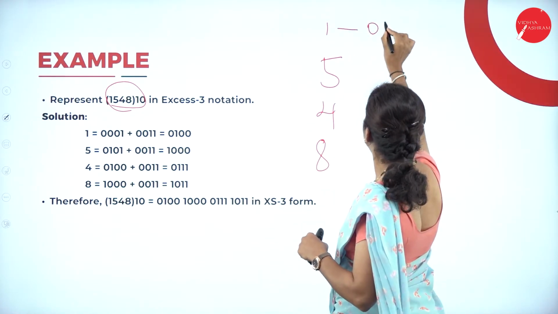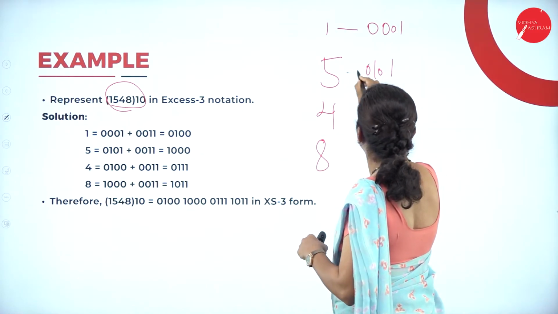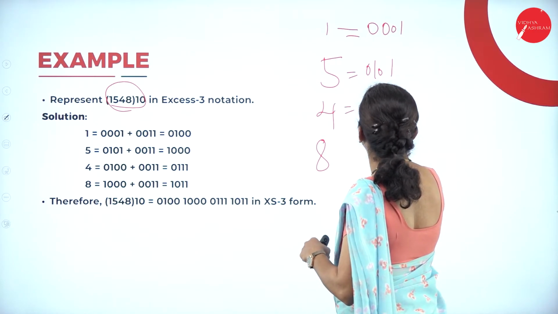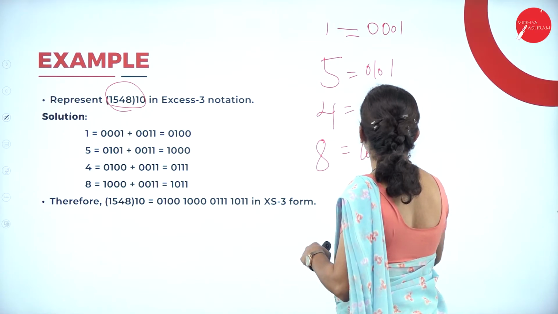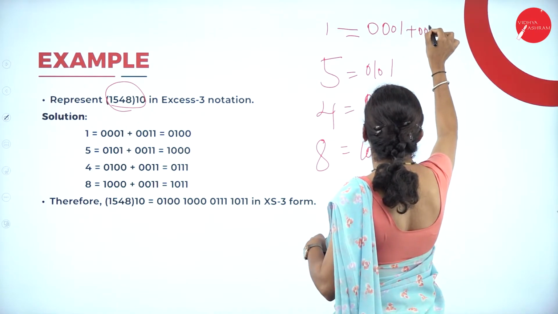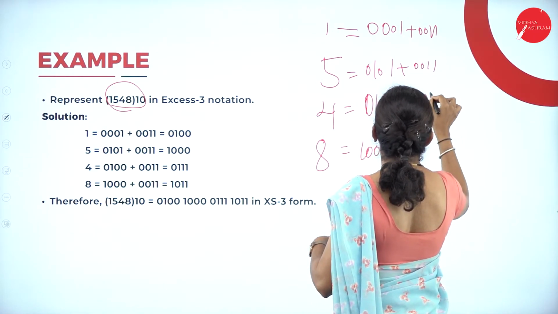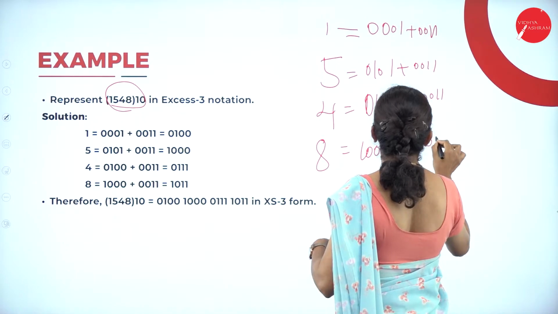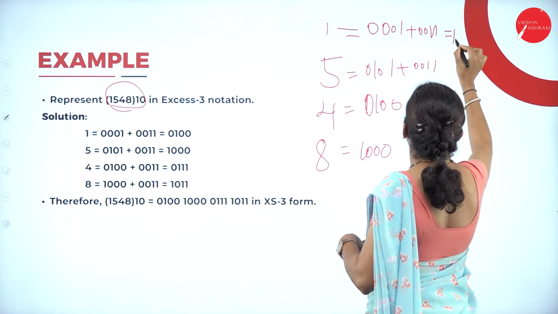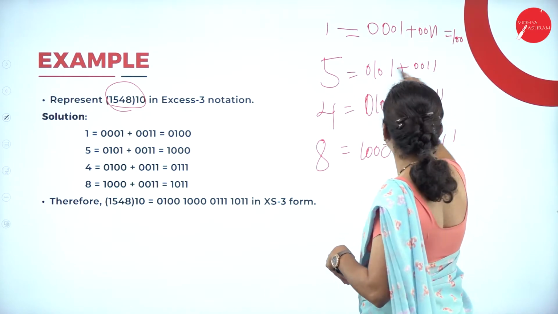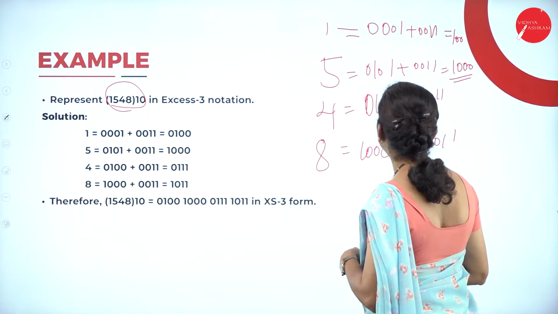First I'll write the binary equivalent: 0101, here it is 0100, here it is 1000. Now I am going to add 3, 0011, to each. So 5 plus 3 is 8.